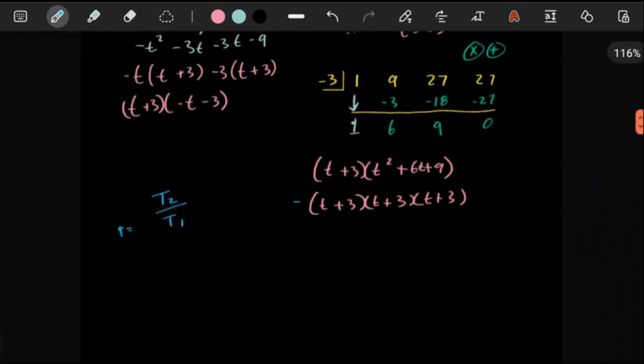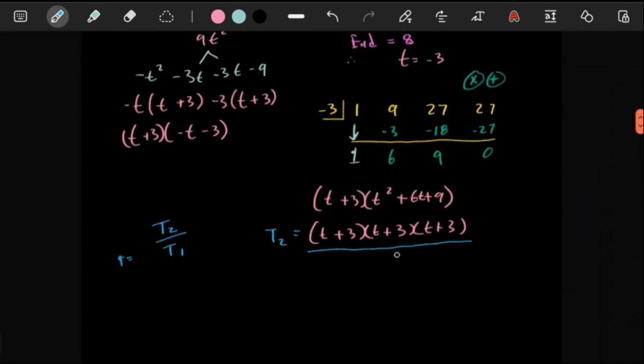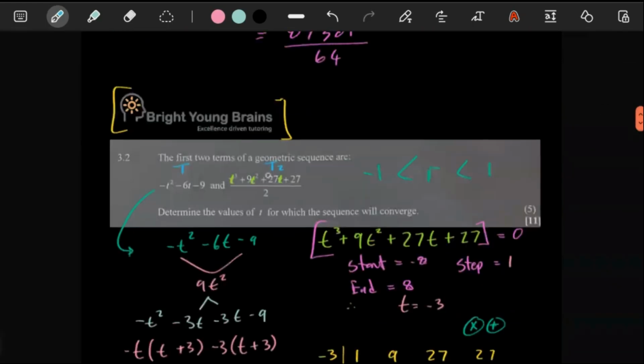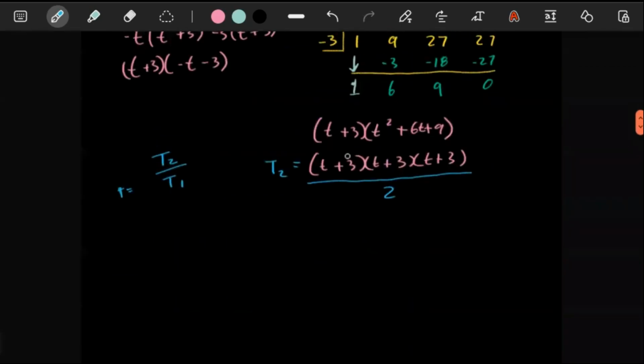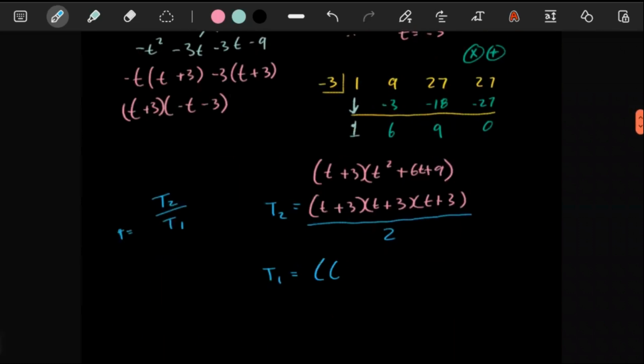We know that this is t2, but then t2 we know it's over 2. Remember, we were just factorizing this on top. The over 2 part, we didn't have to consider it until now. Whatever we did, we're just trying to say this is t2, right? And then t1 is, what is t1 again? This. It's t plus 3 and then minus t minus 3.